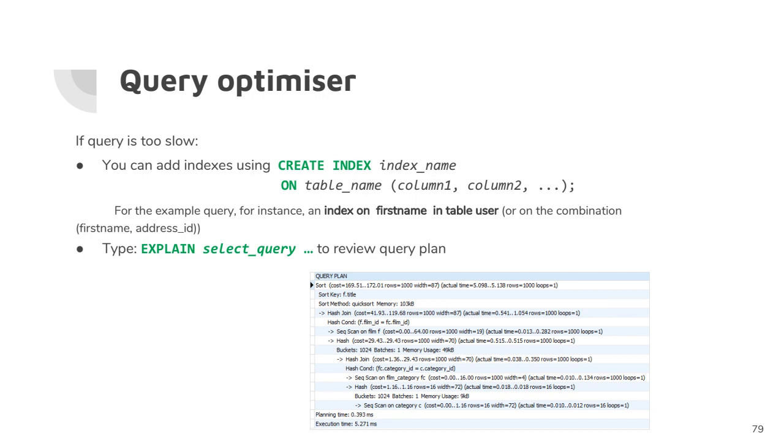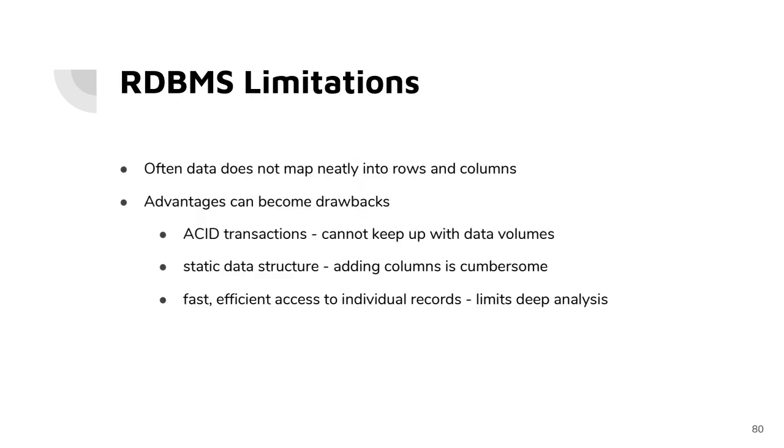And if you're using a database, you often have a special command called explain, and explain gives you your query plan. So then you can look at what your database is actually doing, and then you get something like this. Often there's one bottleneck, and then you can investigate it and add some more indexes to make it more efficient. Okay, so that's the query optimizer.